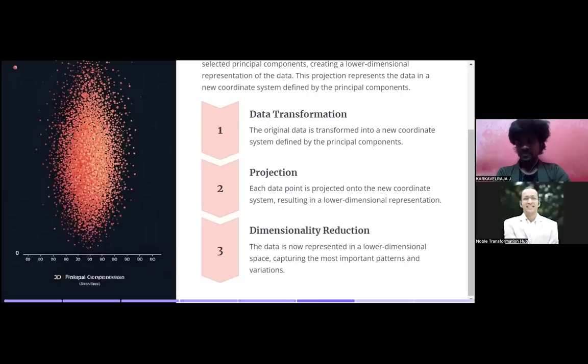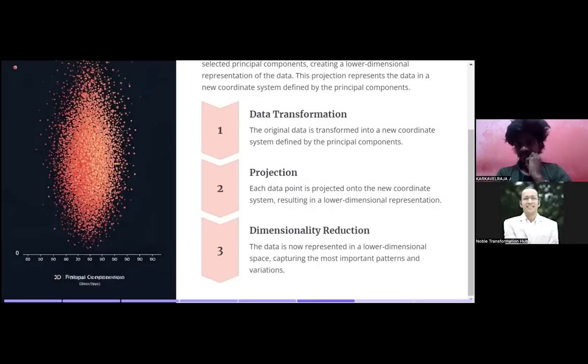Projection: each data point is projected into a new coordinate system, resulting in a lower dimension representation. It will give a lower dimension representation of the actual data as per the data characteristics, according to the objective function. Dimensionality reduction is where data is now represented in a lower dimensional space. That is the only thing PCA does.